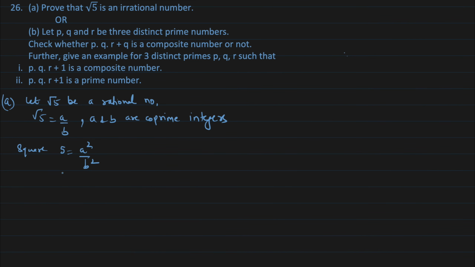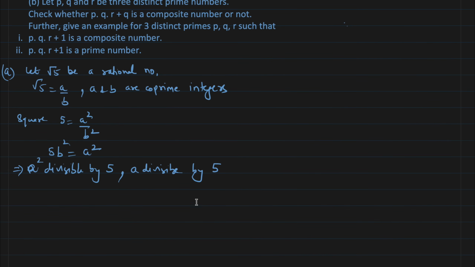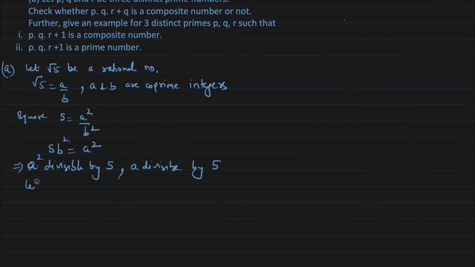So 5b square is a square. So what happens to this? This implies that a square is divisible by 5, so also a is divisible by 5. So meaning 5 is a factor of a, right? Let a be 5c.